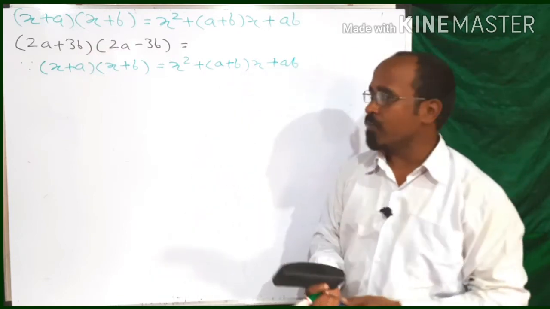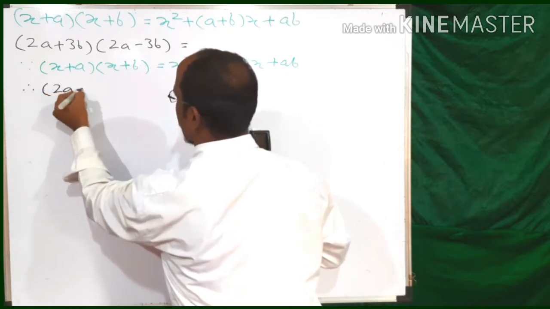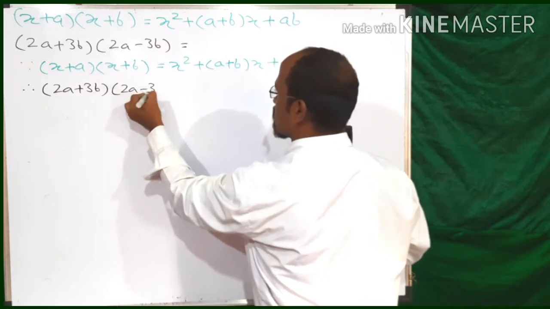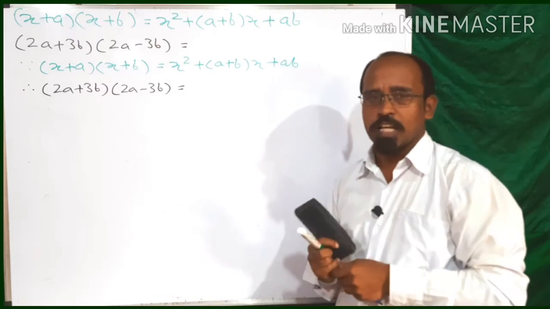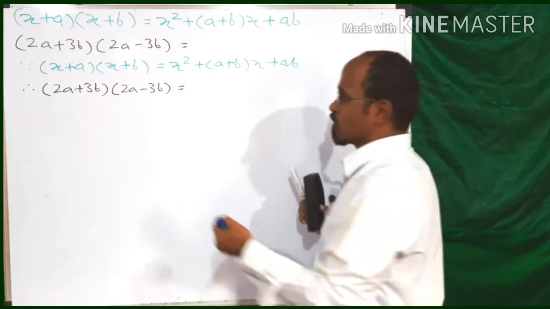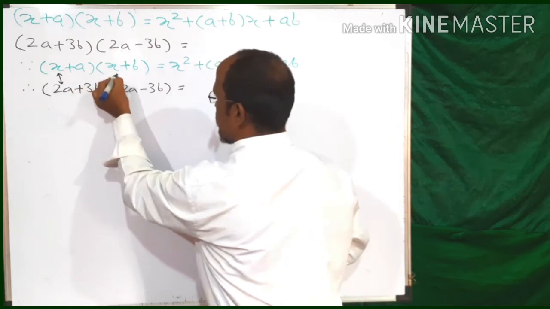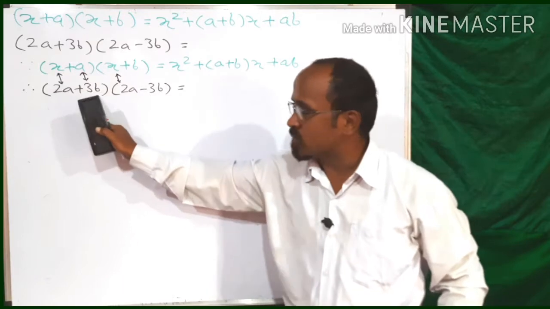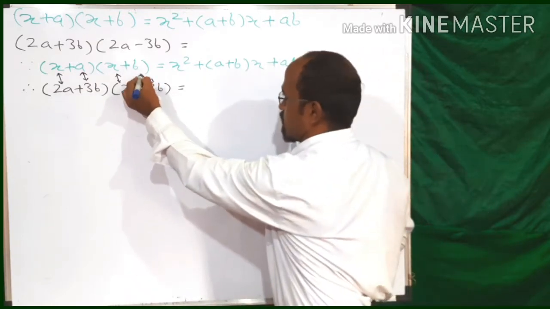Then the given equation, (2a + 3b) into (2a - 3b), is equal to... See, after such an arrangement we can easily come to the conclusion that in the formula x will be replaced by 2a, and a will be replaced by plus 3b, and b will be replaced by minus 3b.